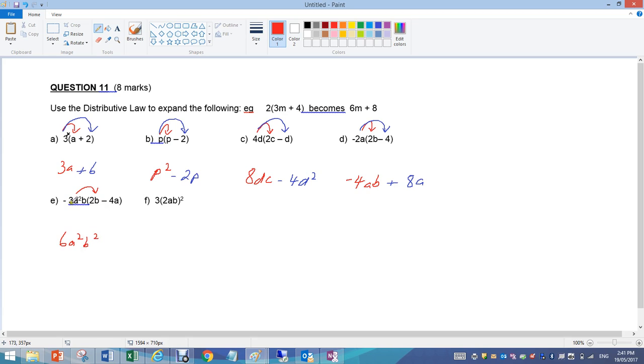Because it was minus 3A squared B times 2B, it's a minus 3 times 2, so you need the minus sign. Now, minus 3A squared B times minus 4A, so 3 times 4 is 12. A squared times A is A to the power of 3, and then don't forget your B. And then because it's minus 3 times minus 4, that's plus 12.